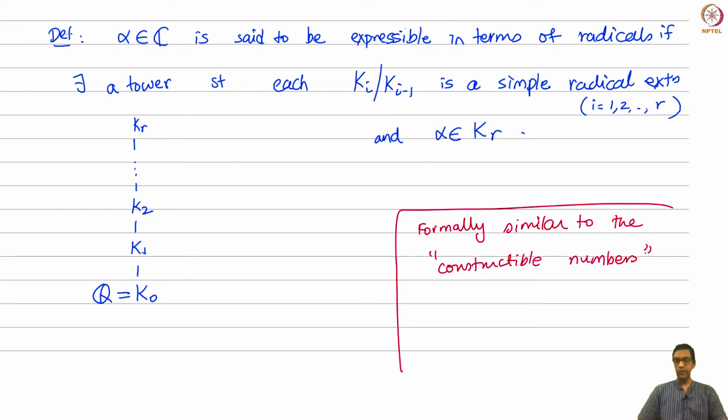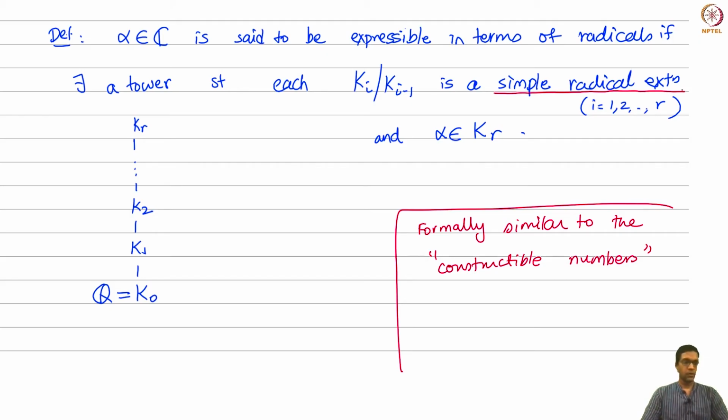There we started with Q and kept doing quadratic extensions, and a real number was said to be constructible if it lies in the topmost extension of a tower where each successive extension is quadratic. Here we don't demand it's quadratic; instead each should be a radical extension, obtained by adjoining some nth root, not necessarily a square root. Recall, quadratic extensions are always realizable as adjoining a square root of some element from the base field. In this sense, this is a generalization: you can adjoin any nth root.